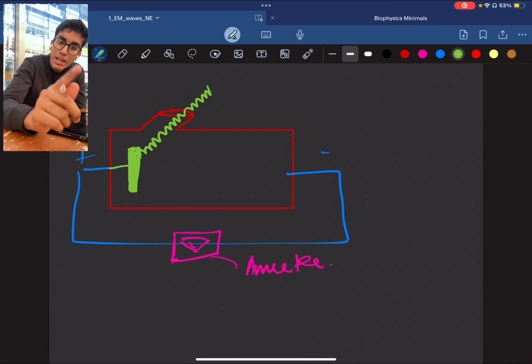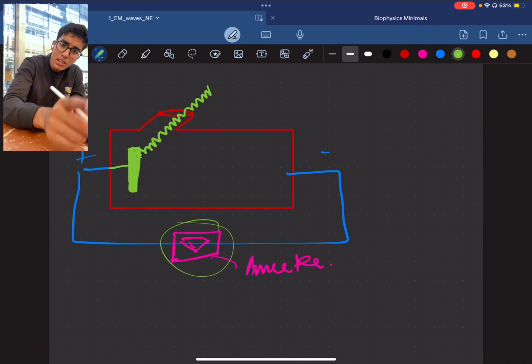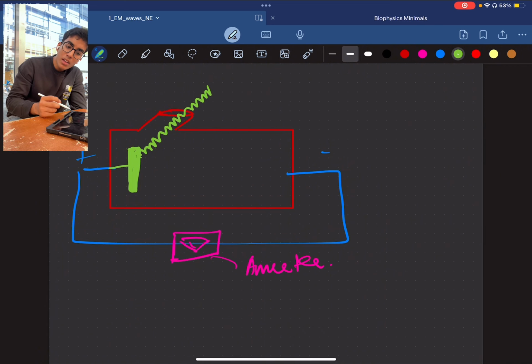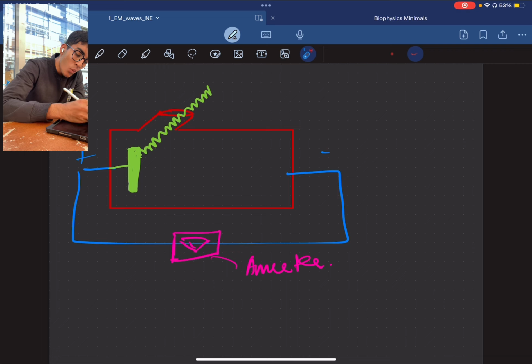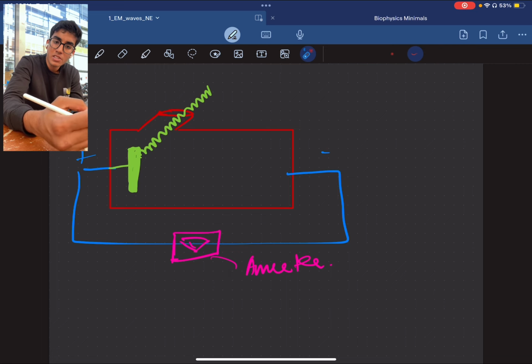What happens when you shine green light is we suddenly see this current. That's fascinating. Why is there current now? It turns out that when light with enough energy, or enough frequency, hits a plate of any metal, photons are ejected out of that metal.